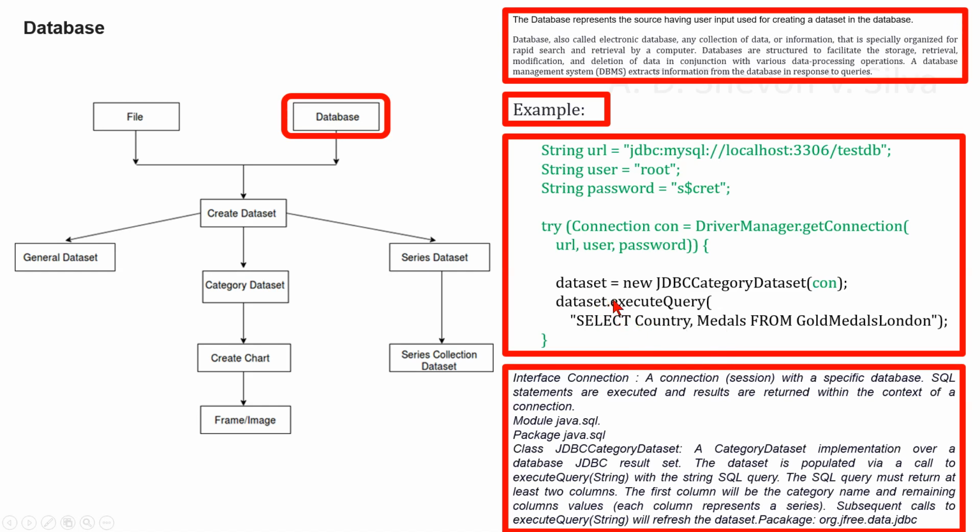The class JDBC category dataset is in package org.jfree.data.jdbc. Here the JDBC category dataset is created, and it takes a database connection as a parameter.